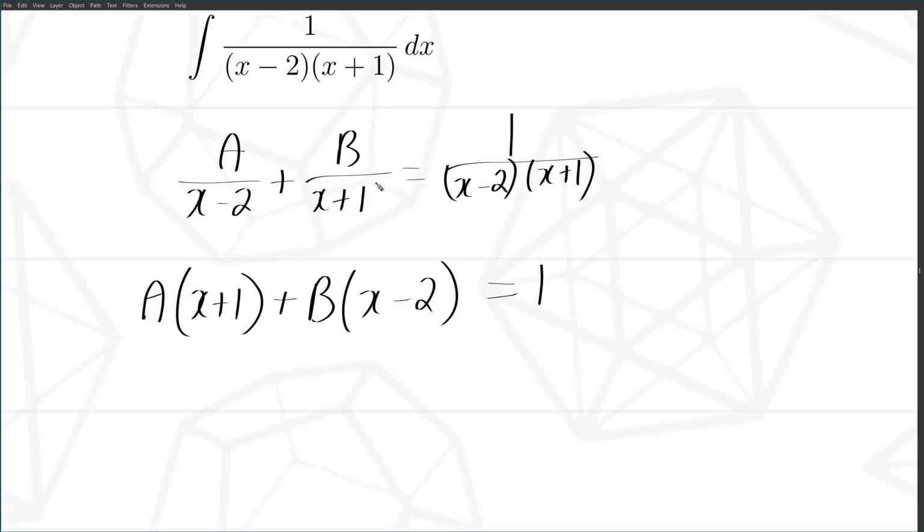Okay. And to solve this now, what we can do is cancel out the a and b one at a time. And to do that, let's just substitute in some x values.